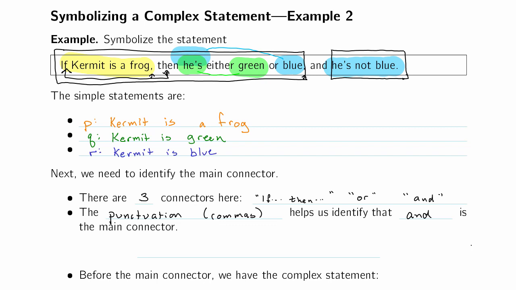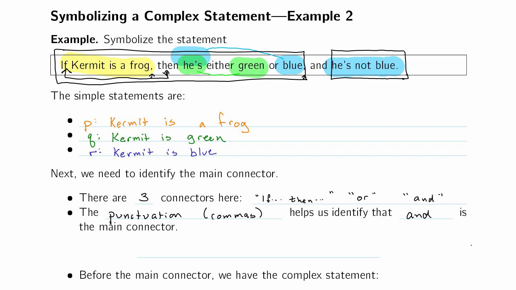This is often tricky in English when we have long, complicated statements like this, because English doesn't do very much to tell us when it's subordinating a clause as opposed to when it's making a clause parallel. So this is a place where, unfortunately, the best advice is be very careful and pay close attention to the punctuation.